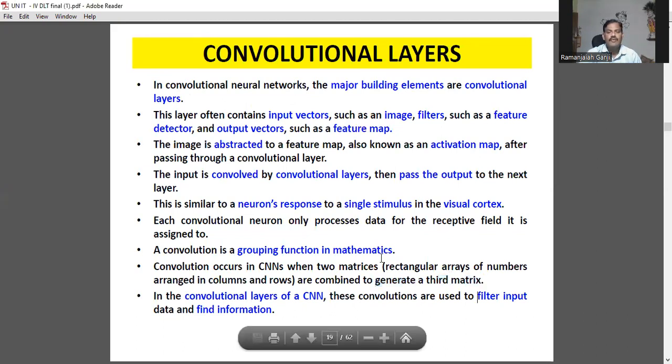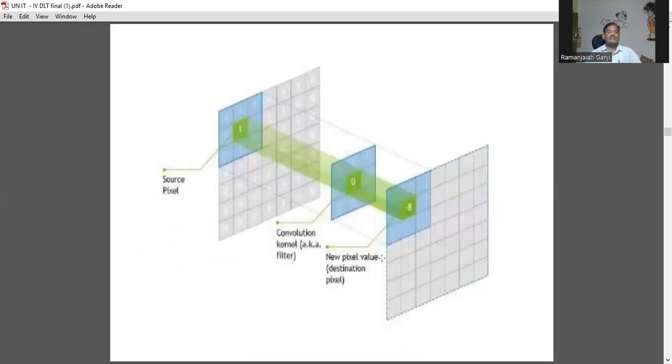And then these are convolution. Say this source pixel, convolution with a kernel, gives a new pixel value, that is the destination pixel.